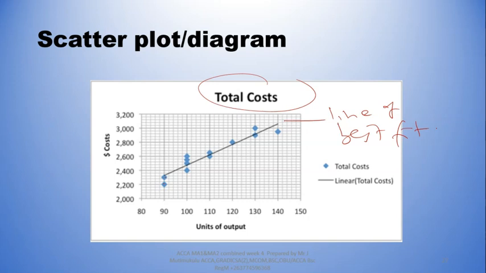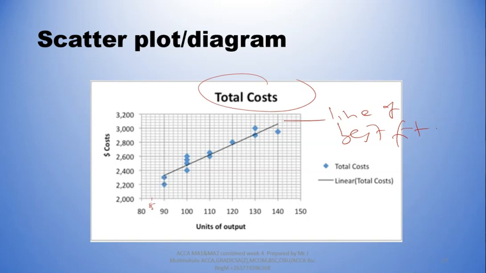And you then have to say, for example, what is the estimated total cost for producing, let's say, 85,000 units. So 85 is somewhere here. Okay, that's where we have got our 85,000.